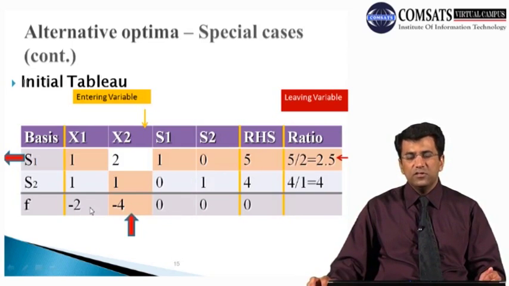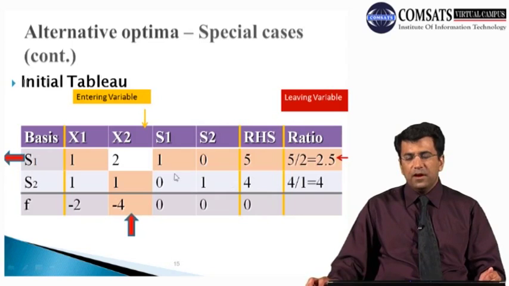There are two negative values in this particular case, as we are discussing the case of maximization. So this table will not give you the optimal solution, because still there are some negative values in that objective function. So as a next step, we will identify the maximum negative value, that is -4 in this case, and this is again the pivot column.